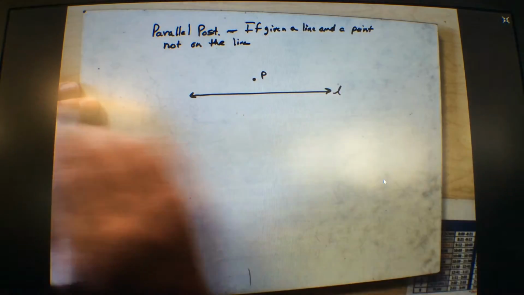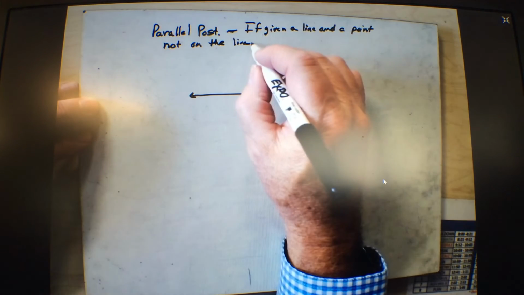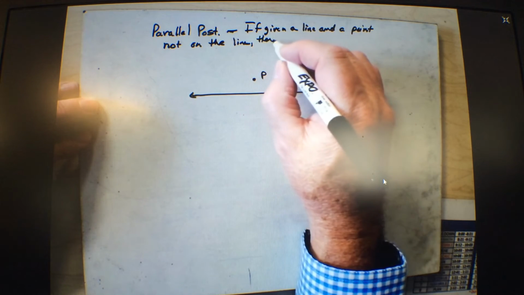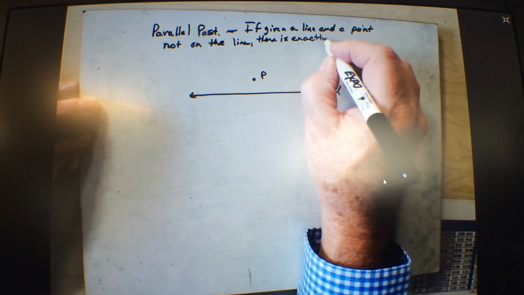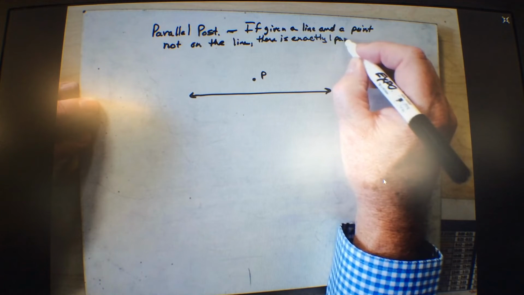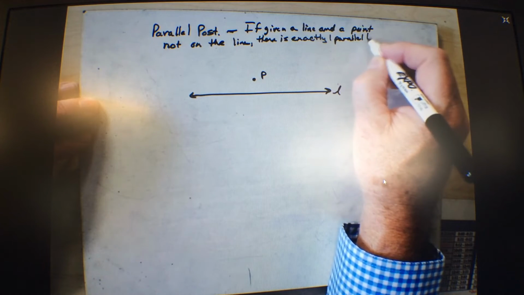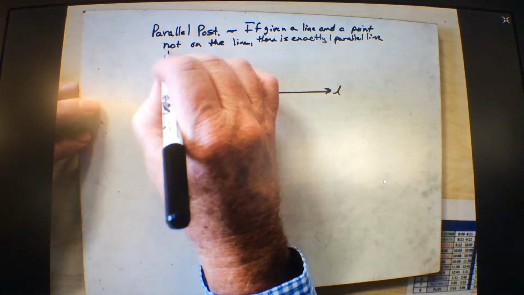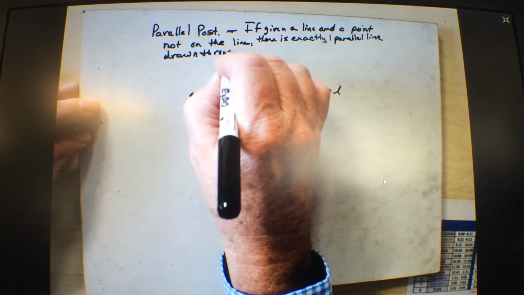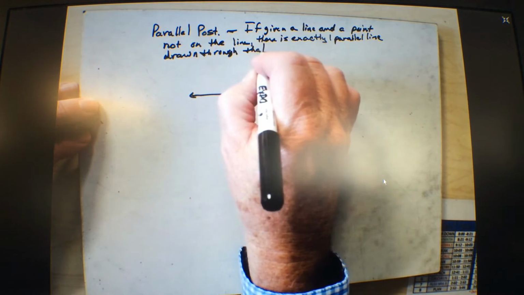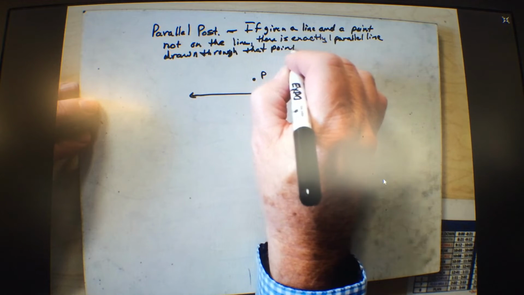We'll call it line L. There is exactly one parallel line drawn through that point. Now I said it a little bit differently.